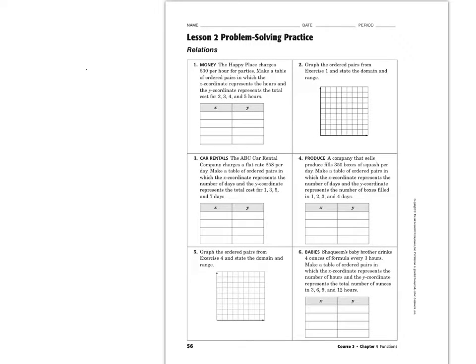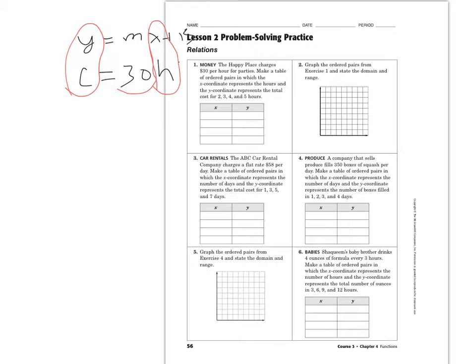So that means the charge is $30 an hour, in which the x-coordinate represents the number of hours. That's right, because what we're doing is y equals mx plus b. The hours are in the x position, and the cost is in the y position, and the 30 is in the slope's position.